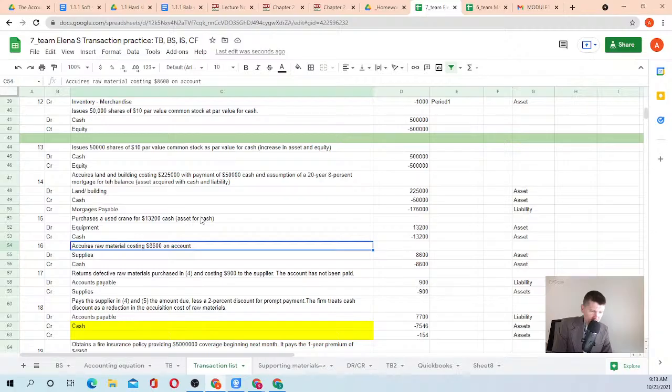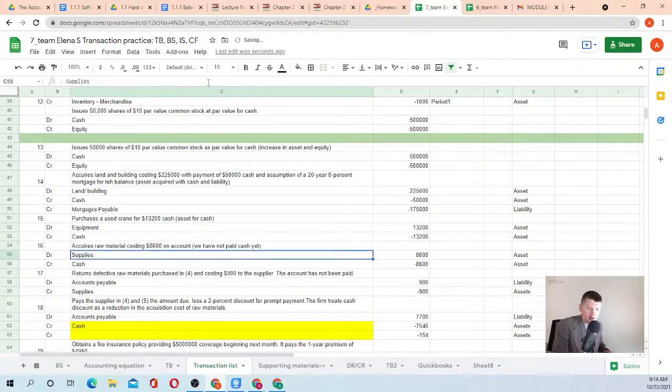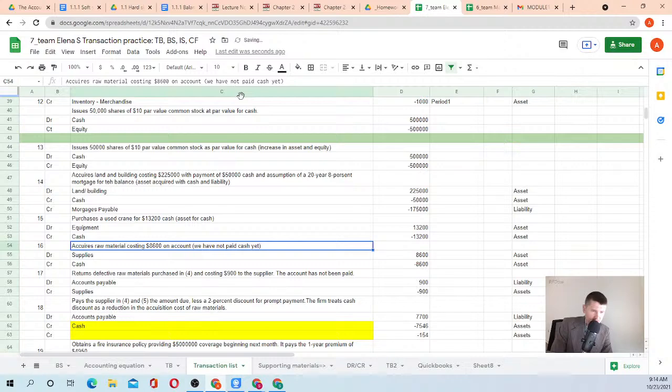We acquired raw materials for $8,600 on account. On account means that we have not paid cash yet. That's a bit of a complicated question with some higher level of difficulty than usual. You need to know what on account means.